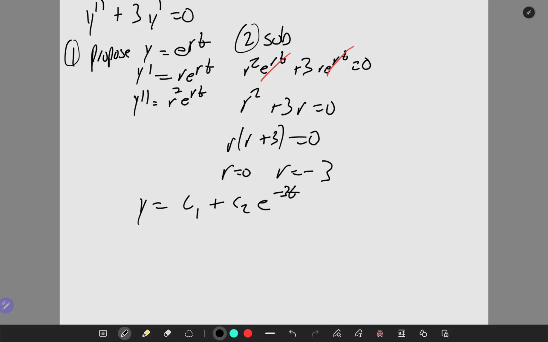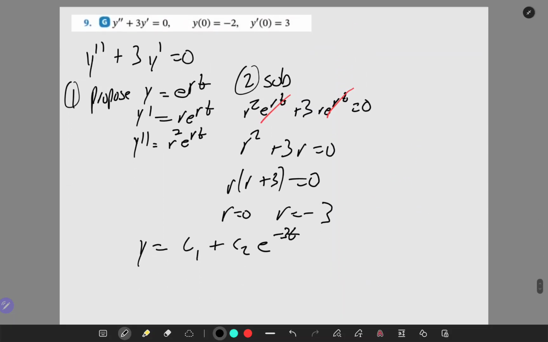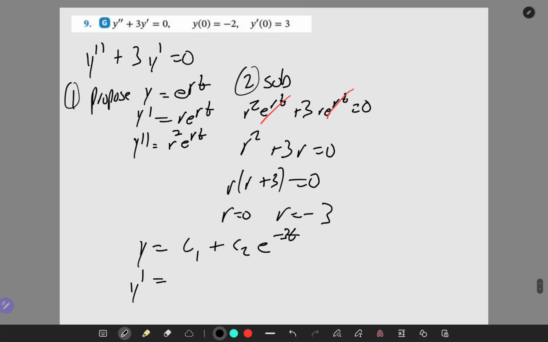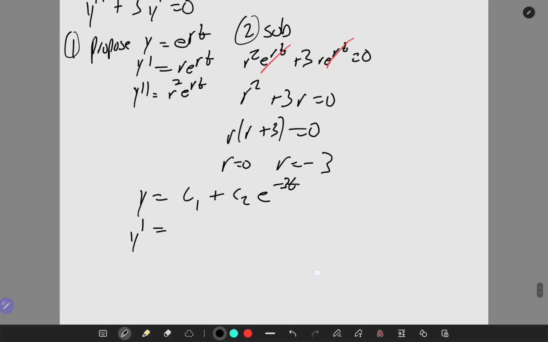Okay, so now we once again have our two initial conditions. So first of all, right from here, let's just solve for y prime since we're going to need it later. So y prime would just be, since C1 is a constant, it'll become 0, right?